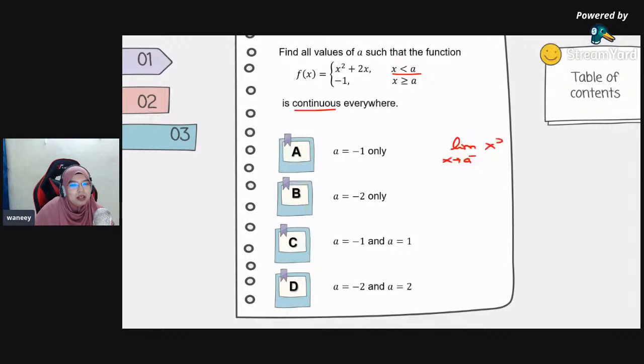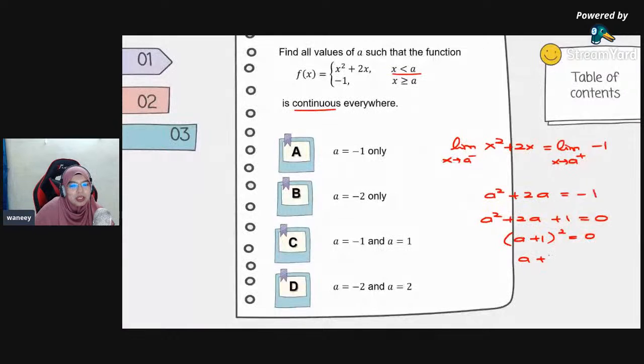So this is the limit for x approaches a on the right hand side of negative 1. And then we're going to substitute x with a. So we got a square plus 2a, and this is equal to negative 1. So a square plus 2a plus 1 is equal to 0. So a plus 1 square is equal to 0. That means a plus 1 need to be equal to 0. And a will be equal to negative 1. So the answer is A.